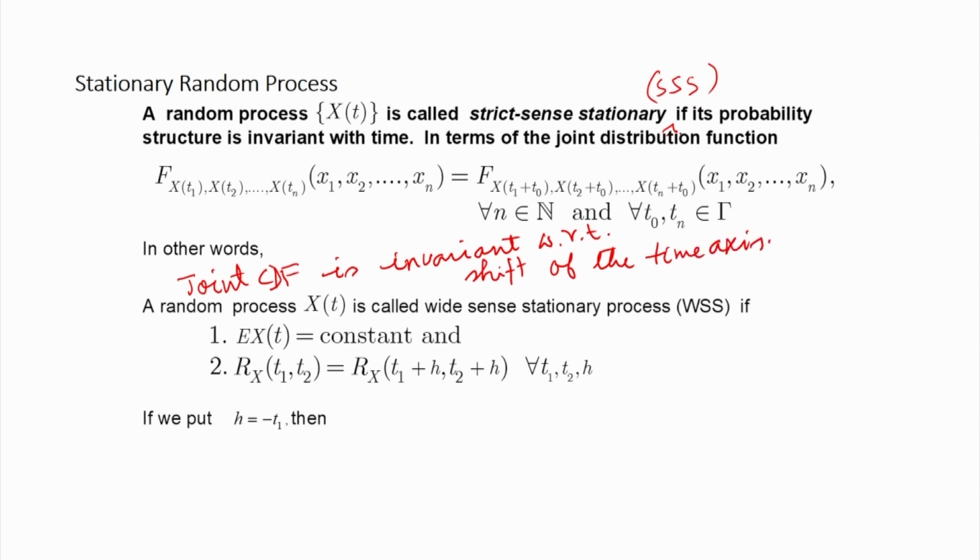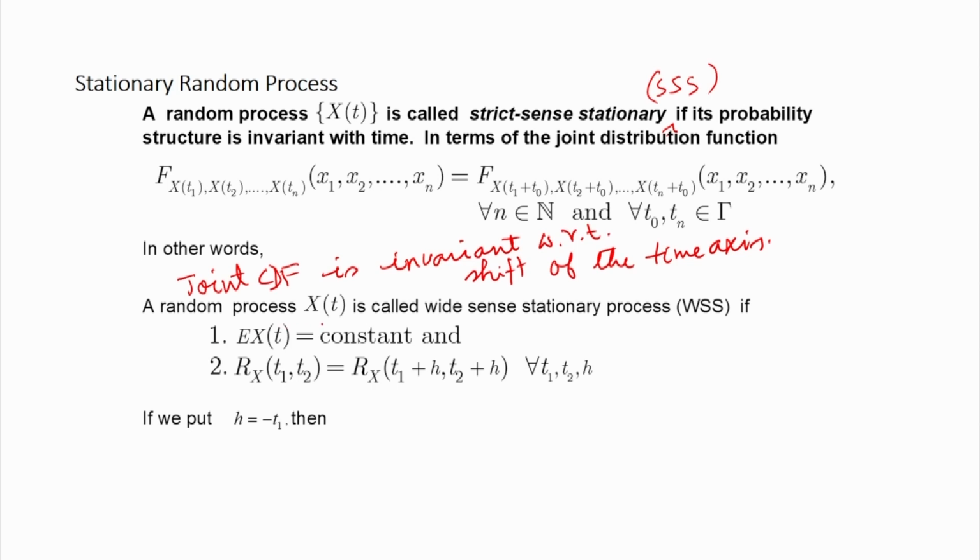Now, SSS process, as is seen from here, is very difficult to analyze, because we have to consider the CDF of all possible orders. So, we require a simpler process, and that is the wide sense stationary process. In that case, we do not consider the probability structure, we consider only two moments.